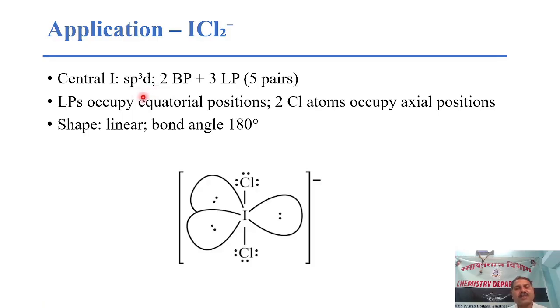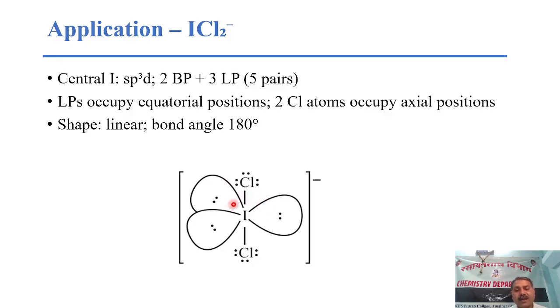Now in sp3d hybridization, there are 3 equatorial positions and 2 axial positions. The 3 equatorial positions are at the 3 corners of the trigonal plane, and the 2 axial positions are perpendicular to this trigonal plane. There are 3 lone pairs of electrons, and these lone pairs occupy the equatorial positions of the trigonal plane, because there is more space at the equatorial positions.